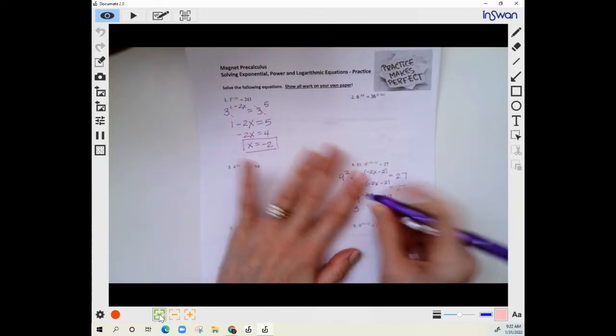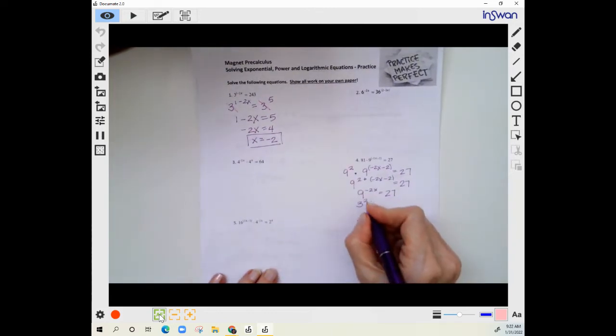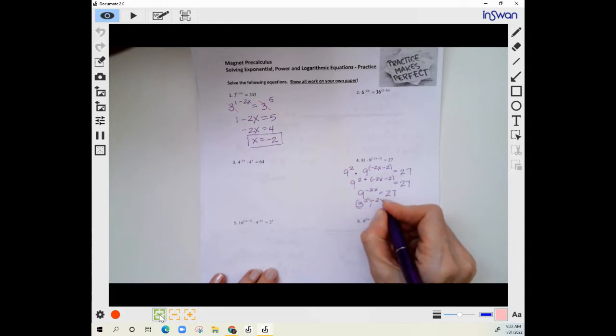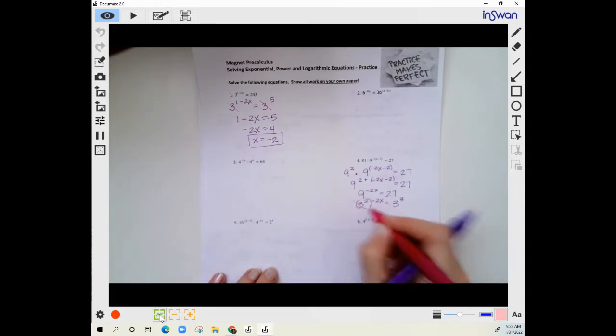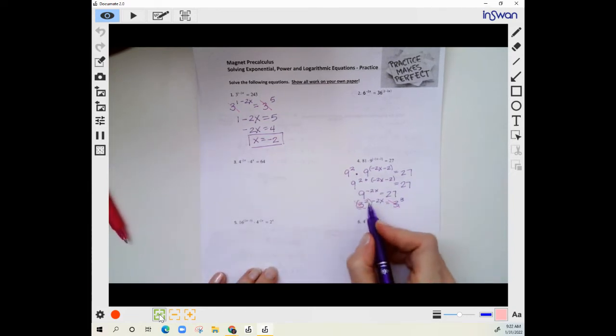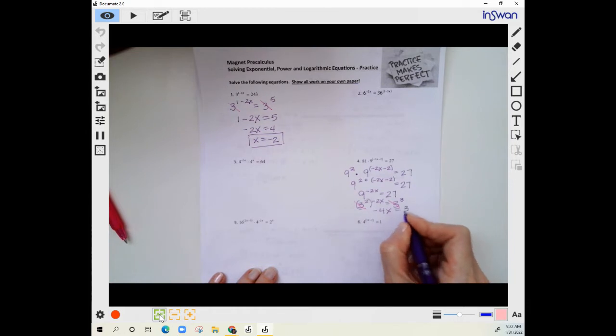Almost messed that up, common error. So 9 is 3 squared and 27 is 3 cubed. Now the bases match. I can cross them out. I have 2 times negative 2x is negative 4x equals 3. So x equals negative 3/4.